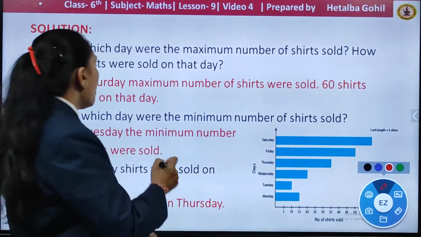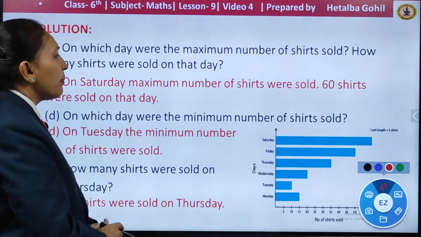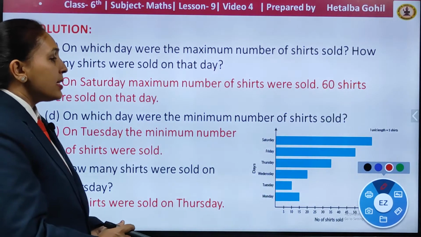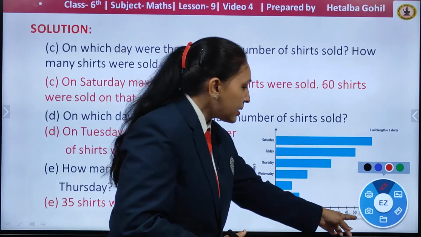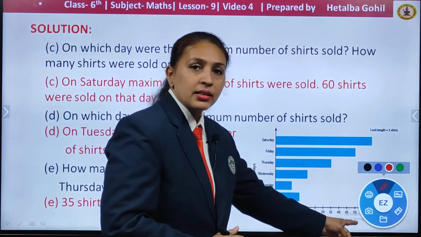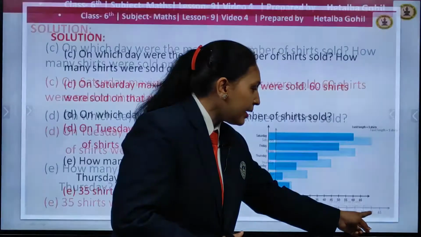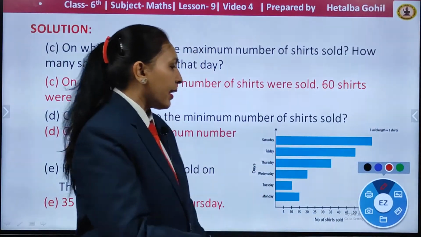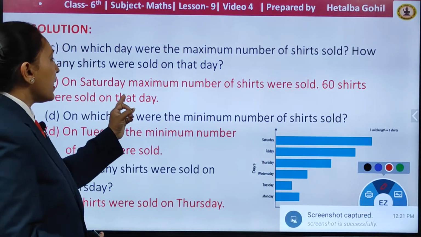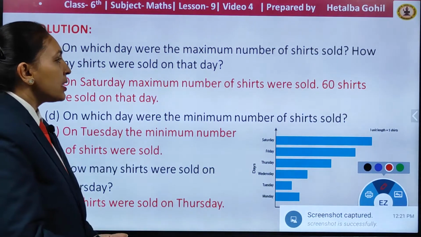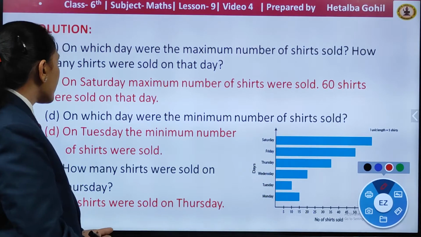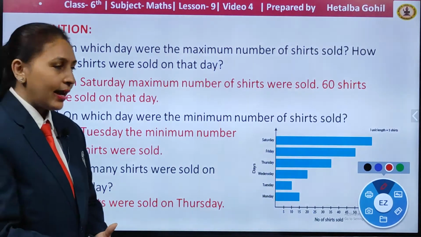From the graph on the x-axis you can see the number of shirts sold. When you reach up to the x-axis you will find it is 60. So on Saturday the maximum number of shirts were sold, that is 60 shirts.